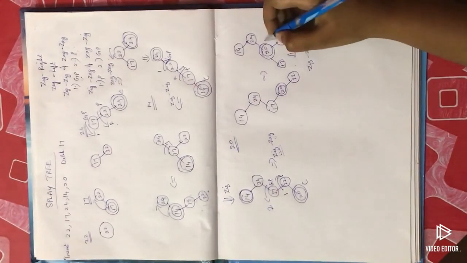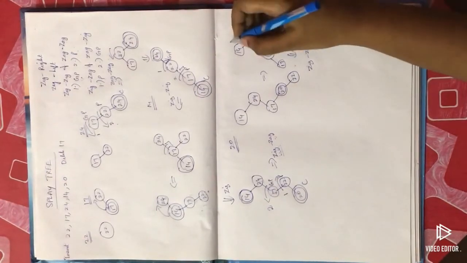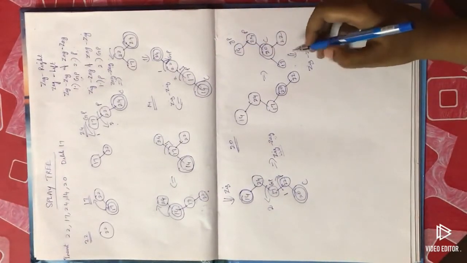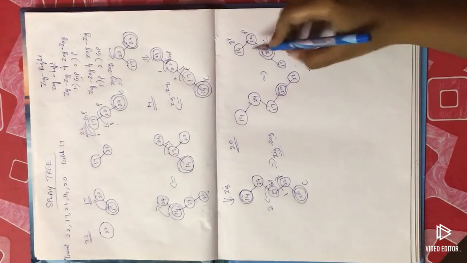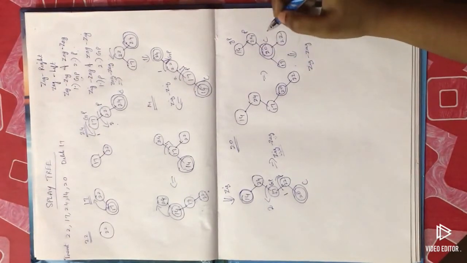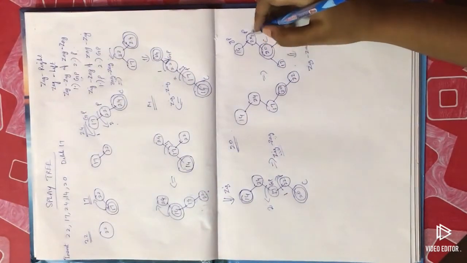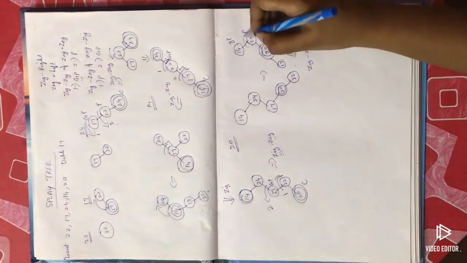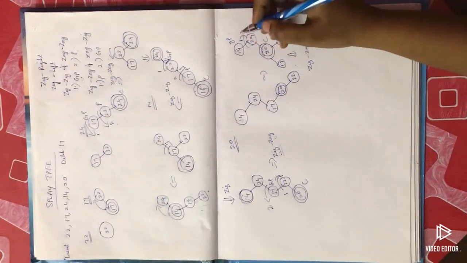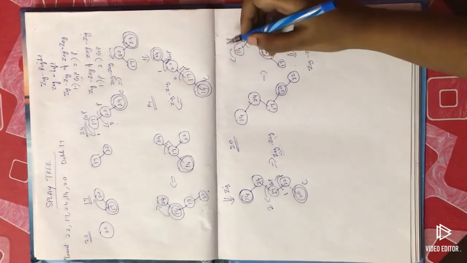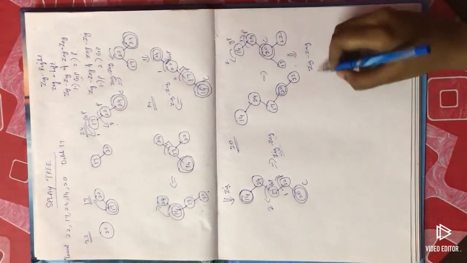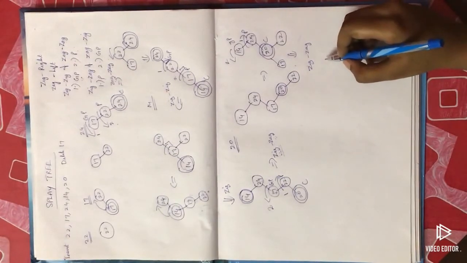Now this is the child, this is the parent, this is the grandparent. What rotation did I say? Zig and zag rotation. First we need to rotate the parent. The parent should be rotated to the right side. That is the first step. Then the second step, we have to rotate the grandparent to the left side.